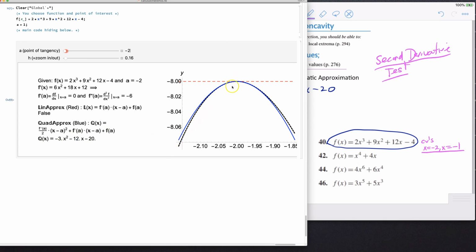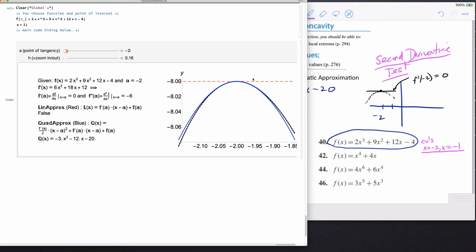And we can see that at this -2 value, we have a local maximum. So we can see here that at x is equal to -2, our function, f of x, which is the black line, appears to look like this. We can tell at -2 there is a critical point, right? So we know that f prime at -2 is equal to 0.